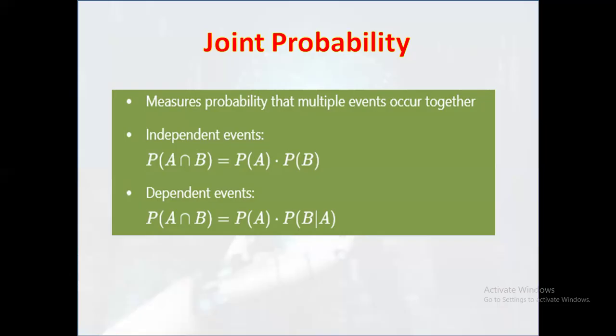If A and B are dependent, their joint probability is calculated using the conditional probability. See here, for independent events, probability of A intersection B is equal to probability of A times probability of B. For dependent events, A intersection B is probability of A times probability of B given A, which accounts for the influence of one event on the other.